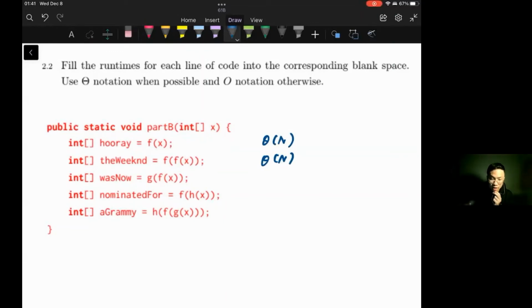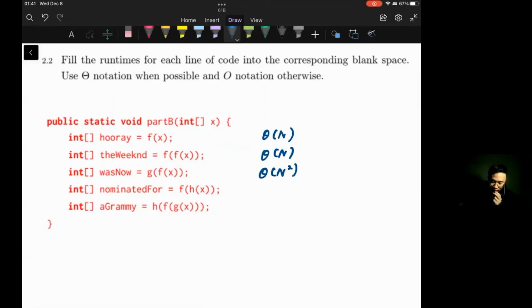And function g, as compared to function f, has a higher cost model that is a quadratic type. So this line must be a quadratic model. And like function g, we have a Theta bound for it. So it will be Theta quadratic.